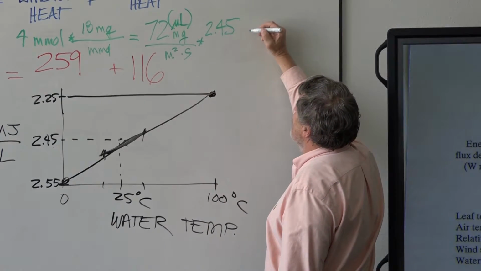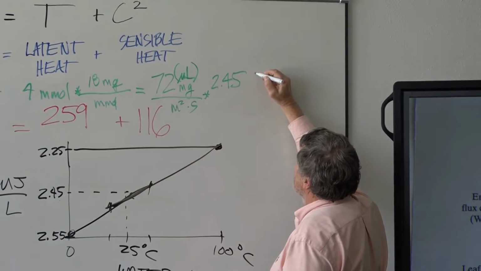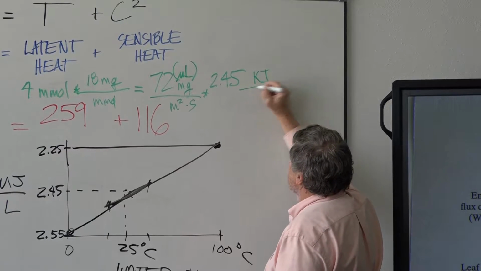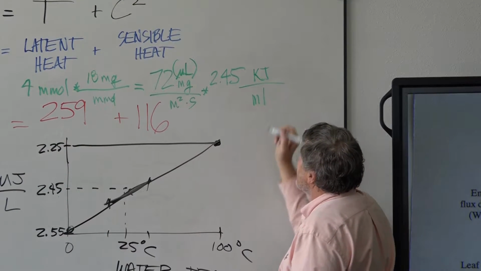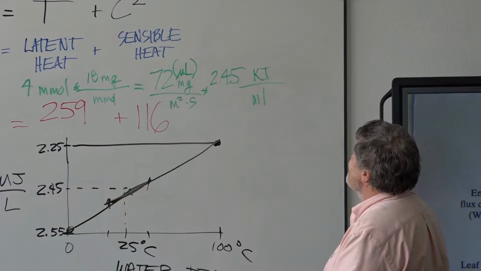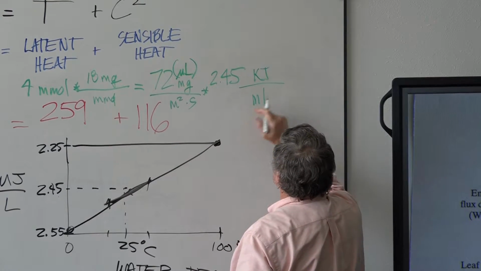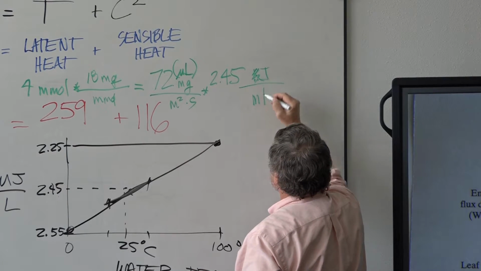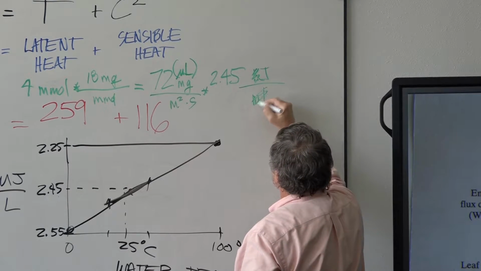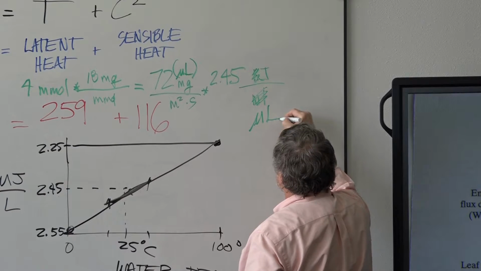So now we have 2.45, and I'm going to do kilojoules per milliliter. Or to get the microliters, let's get rid of the kilo, and this is going to become microliters.